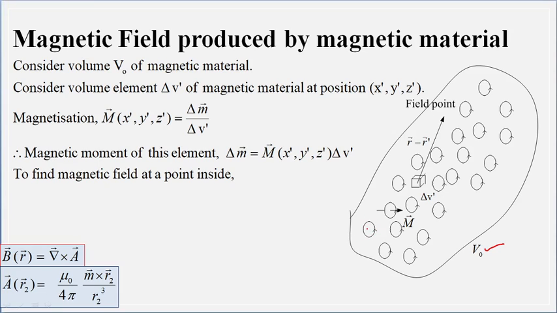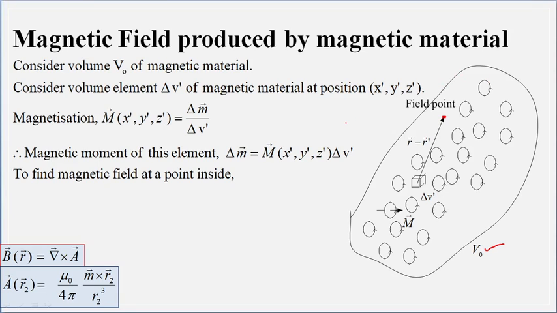I have shown them here with circles with an arrow, and that produces the magnetic moment, and that magnetic moment produces the magnetization. And what we'll do here is first find the magnetic field at this point. This point is inside this material. It is called a field point.